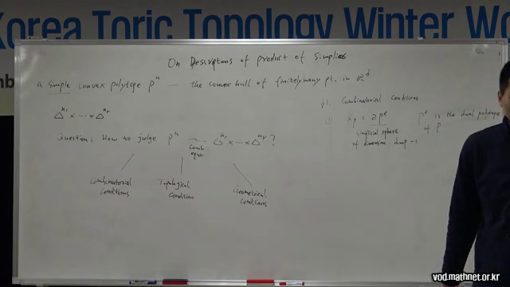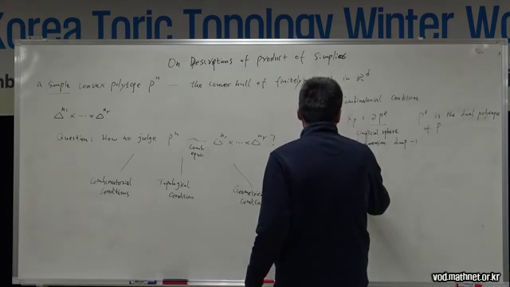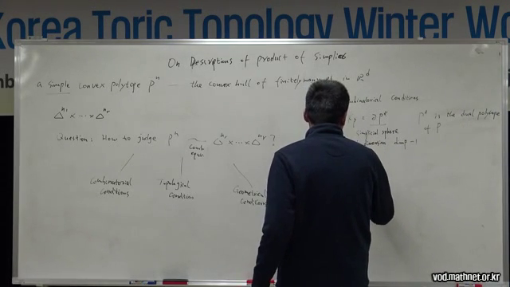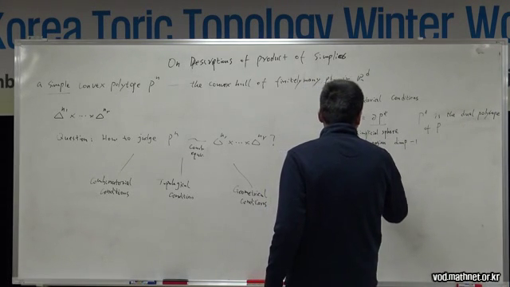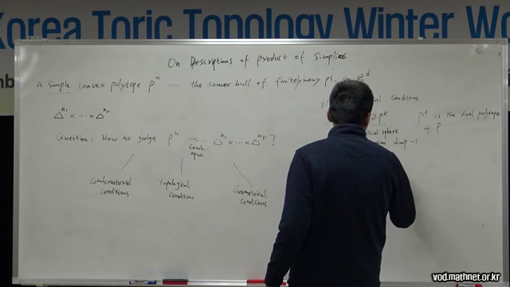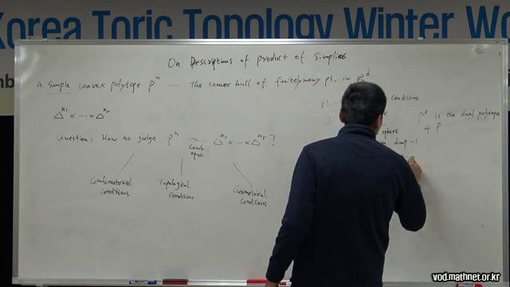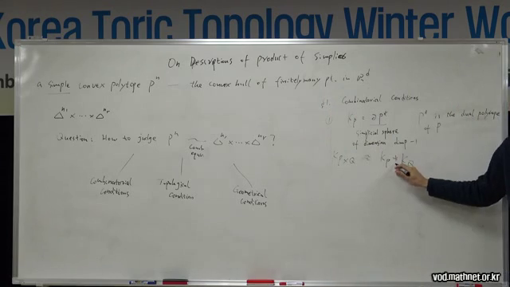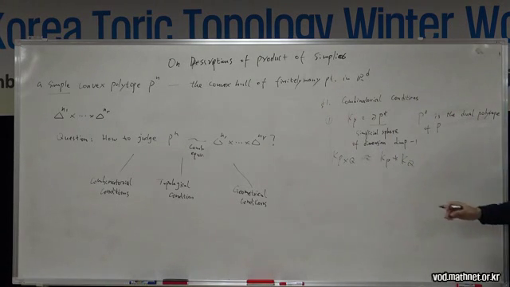And we have a simple fact that K_(P times Q) is the same as the join of K_P and K_Q. So this is a join of two simplicial complexes.